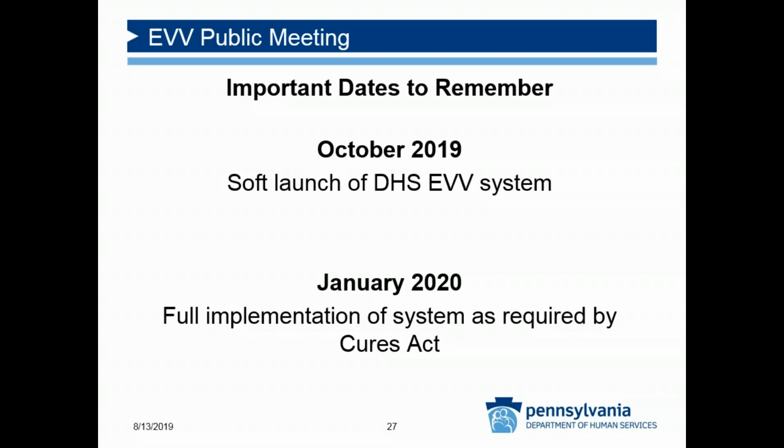During that time, there will be no denials of claims based on EVV data not being contained in the system, but we are expecting providers to be prepared and begin using EVV in October 2019. So as of January 1st, 2020, that's when full implementation of the system will be required by the Cures Act, and DHS will begin to deny personal care service claims that do not have EVV data in the DHS aggregator.